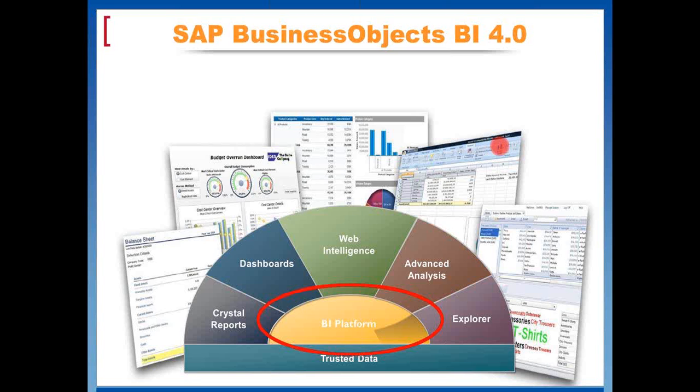Using Explorer, you can connect to an underlying data model which may be available in the form of a business object universe or data residing in a Microsoft Excel sheet, or you can also connect to application platforms such as SAP HANA systems to directly analyze the data.